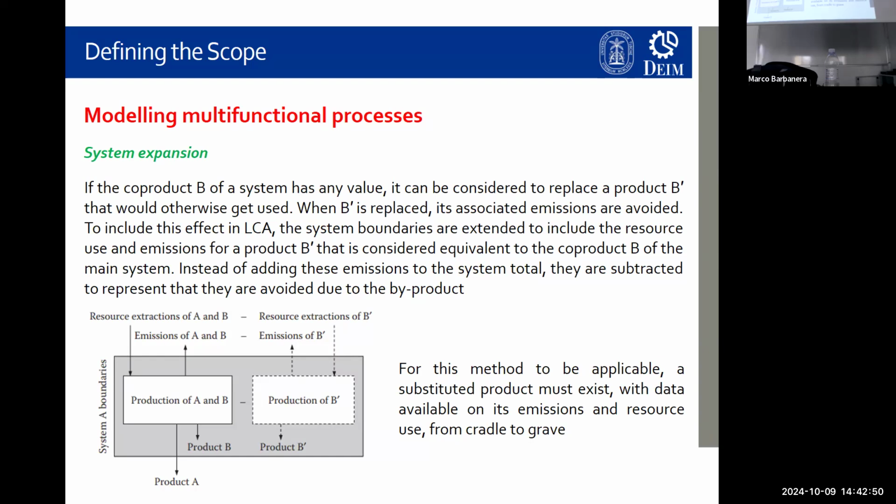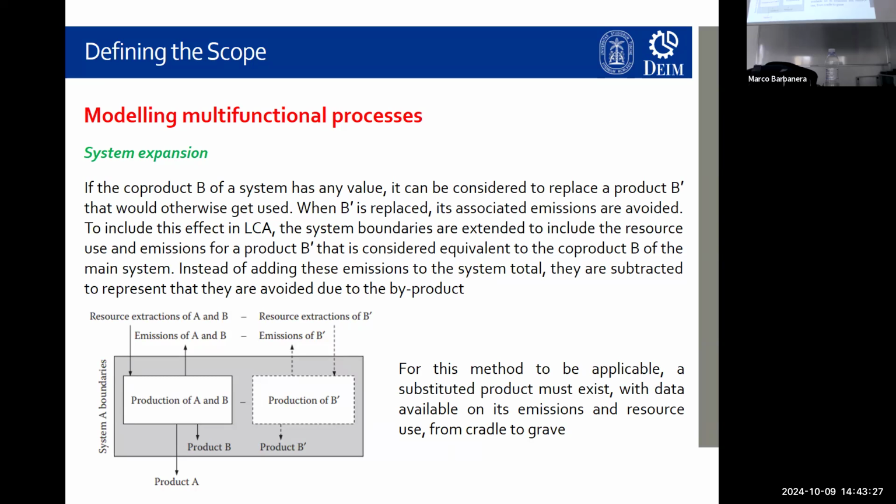So in this case, we have to calculate the environmental impacts associated to this alternative product in the market, and then this environmental impact should be subtracted from the total environmental impact associated to our life cycle. So this is the idea behind the system expansion approach.